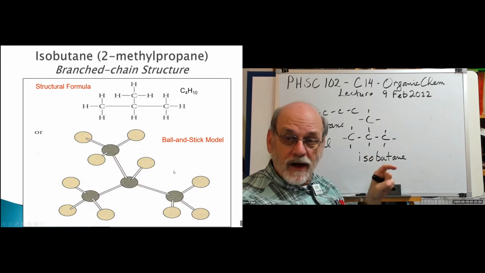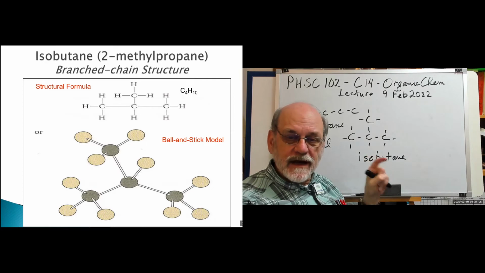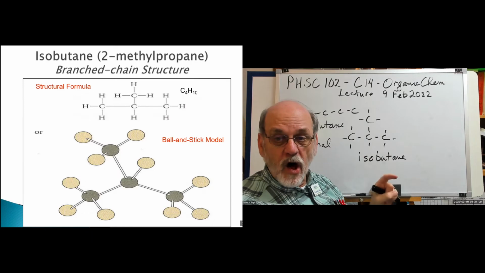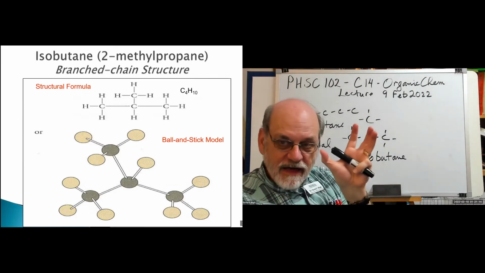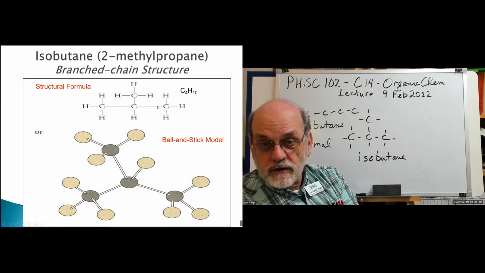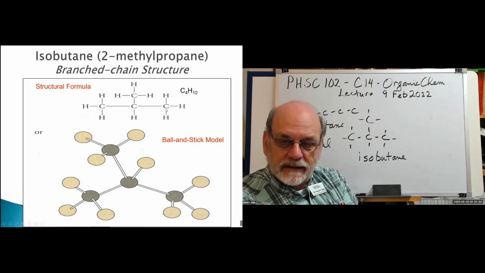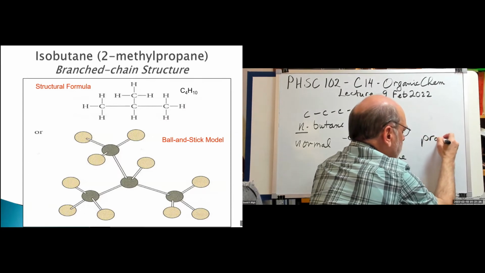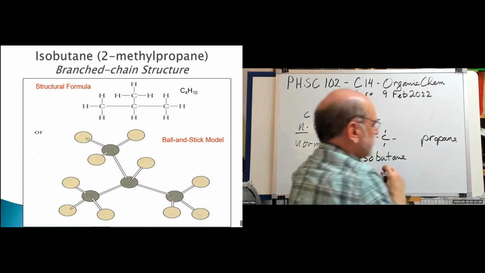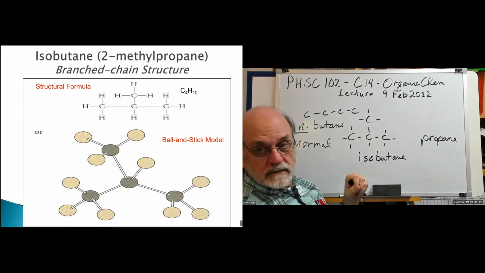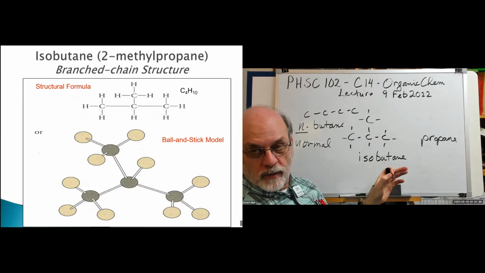And now, instead of calling it isobutane, the naming convention actually says you find the longest straight chain in the molecule, and that's your base for the structure. So this starts with 1, 2, 3 carbons, which is propane. So this would actually be starting with propane, and then where is the branch or a methyl group?